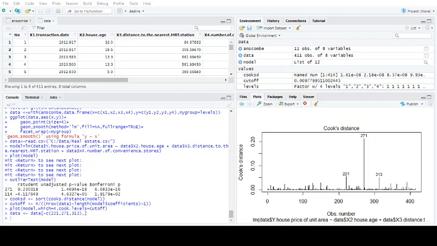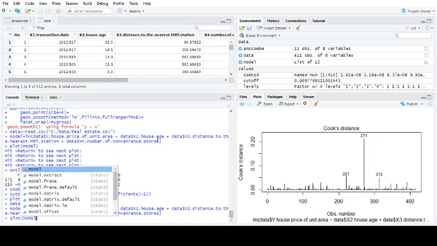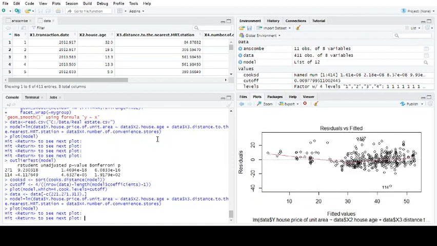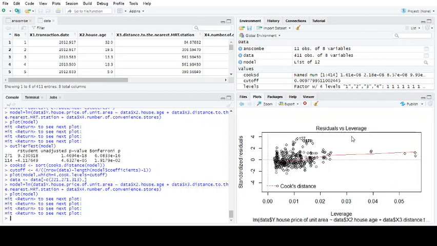We've done that and rerun the model, redo a plot, and if we look now, you can't even see the Cook's distance because it's so far off.